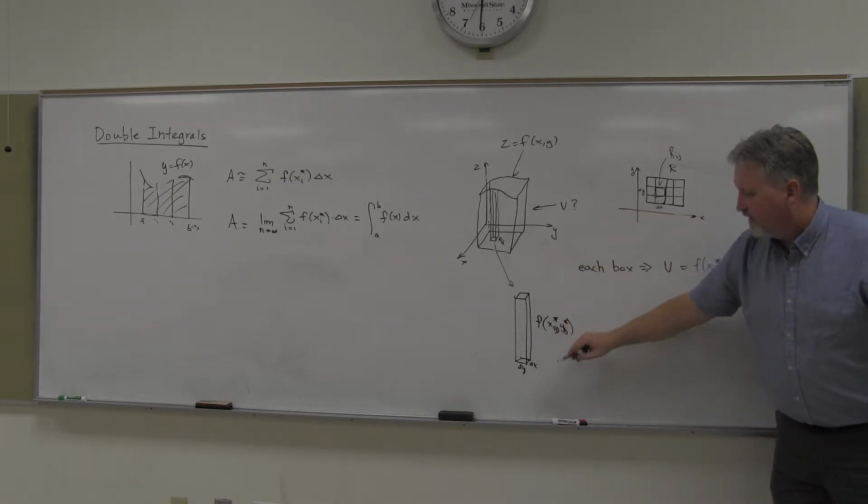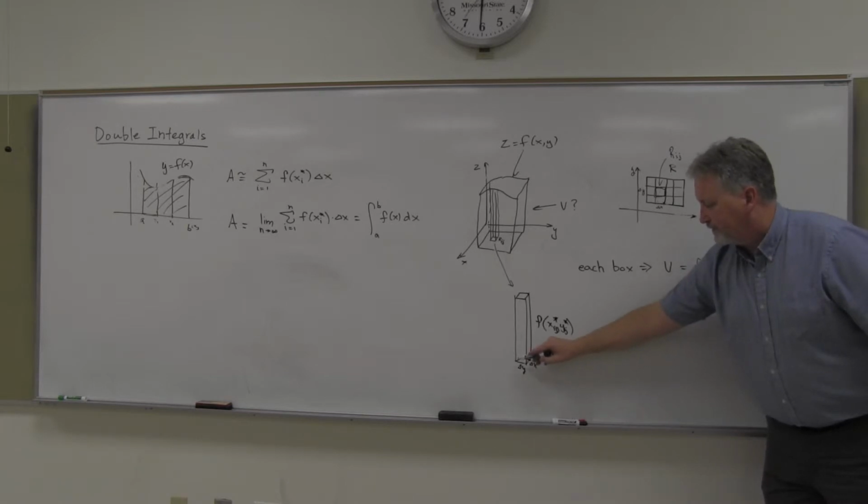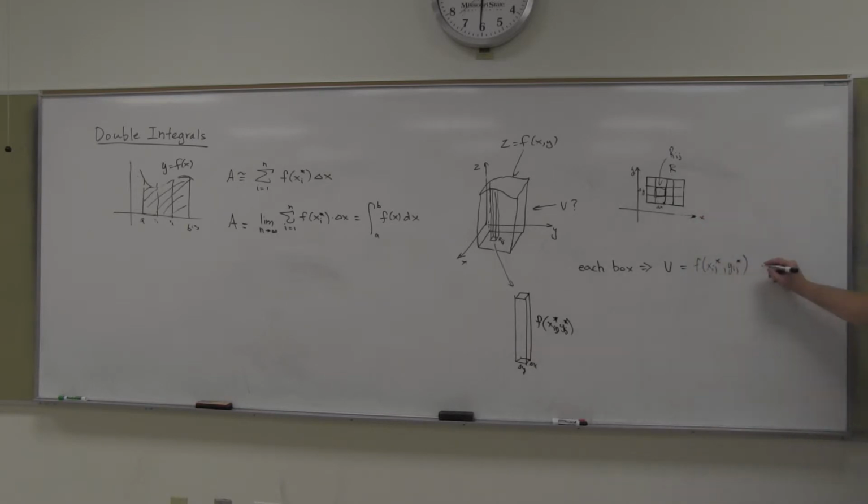That's your height. Now what they do for the delta x's is they generally notate that as delta A. Delta A is just the area of that rectangle, delta x times delta y.